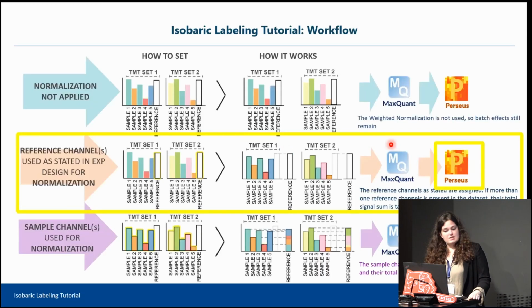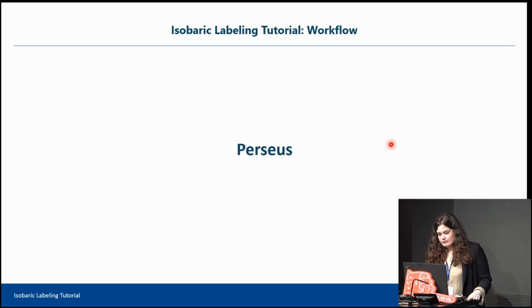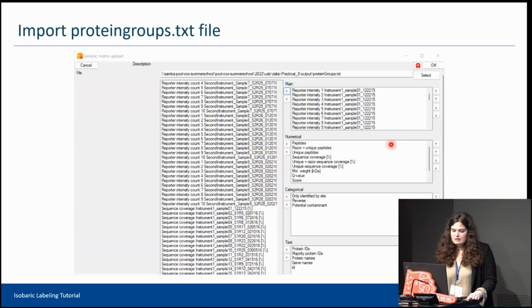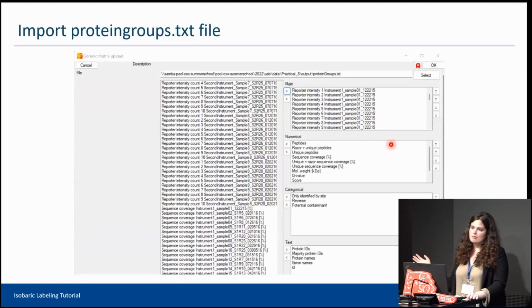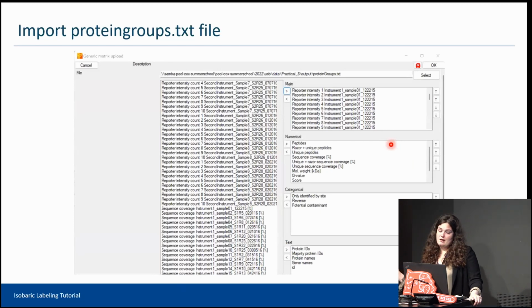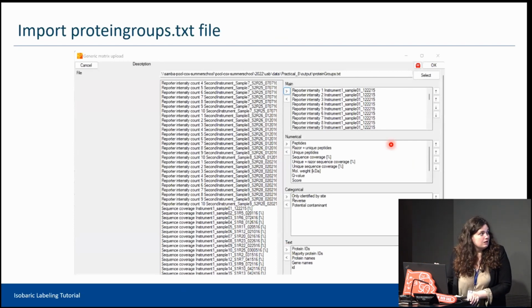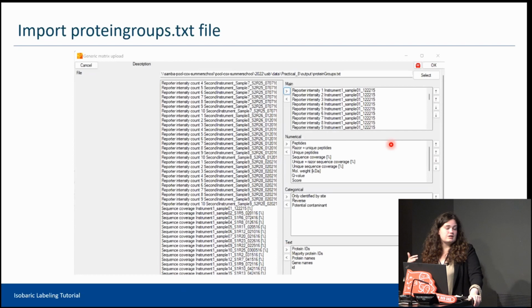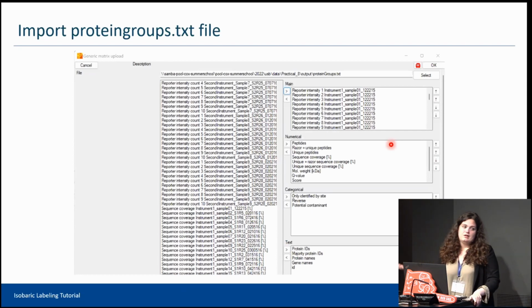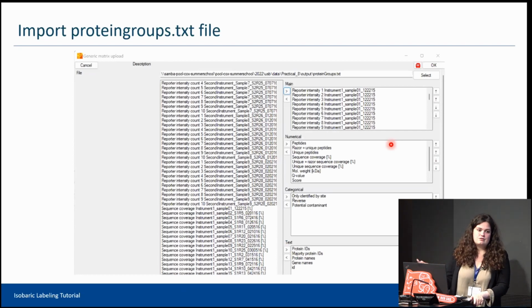In Perseus, we first need to take all our channels. We don't care about the corrected ones here. You will see in your output also the reporter intensity corrected, but we didn't apply any correction, so there is no difference between the reporter intensity corrected and the reporter intensity. So just take the reporter intensity.